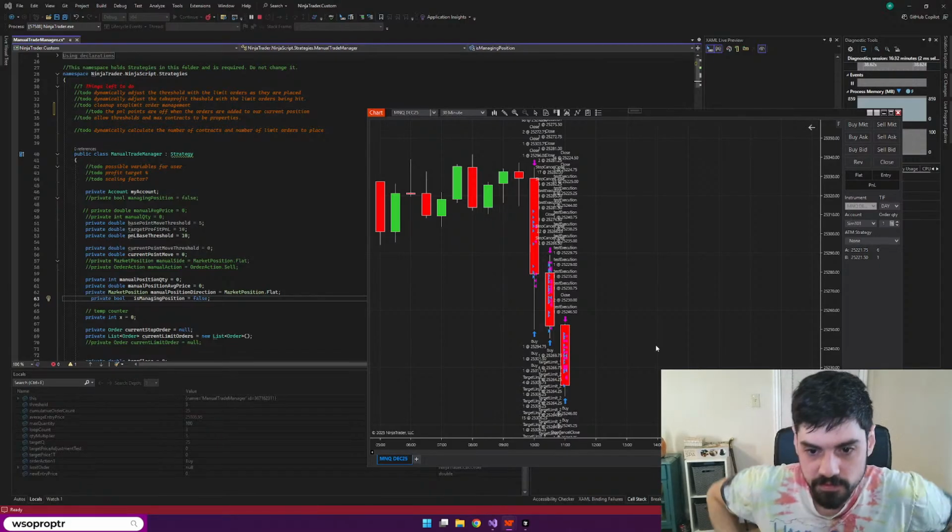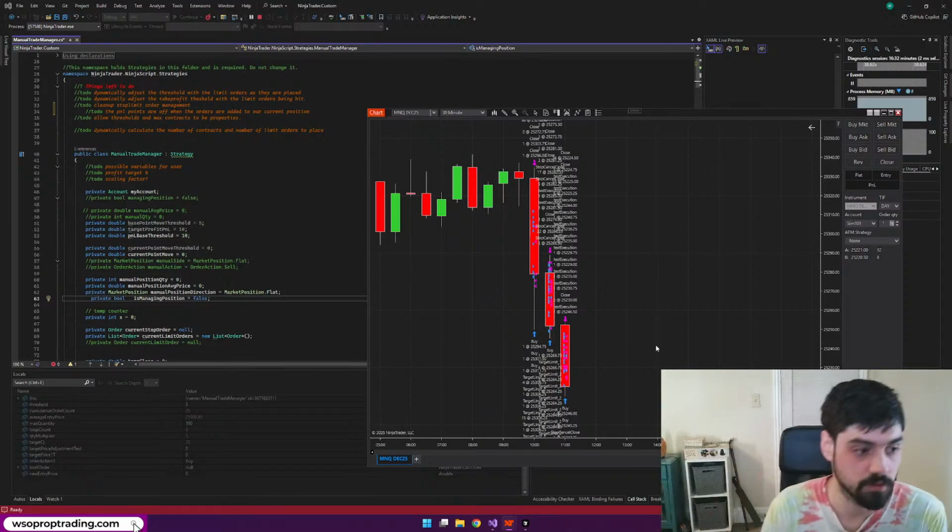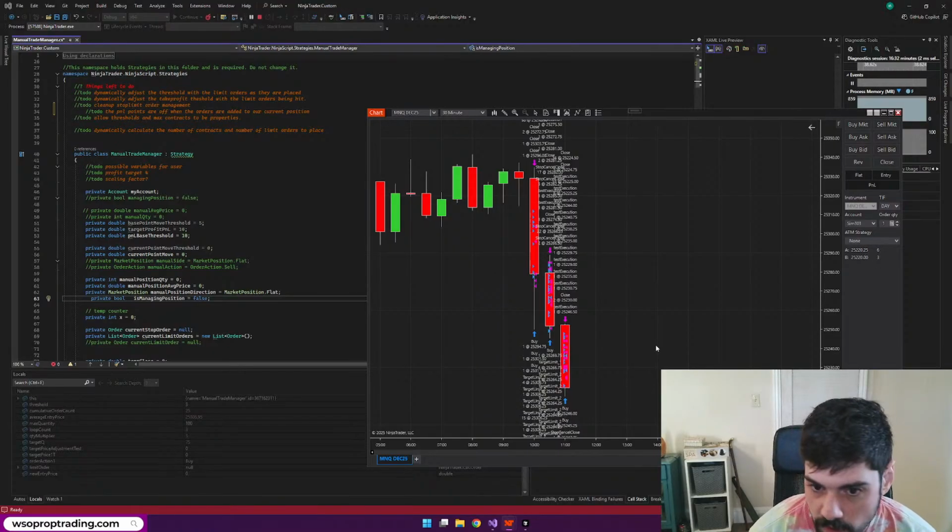So yeah, the step after this, I'm thinking ahead a little bit. This is just to brainstorm a bit, but where this is heading right now is when I hit buy or sell, it then starts managing that one entry.